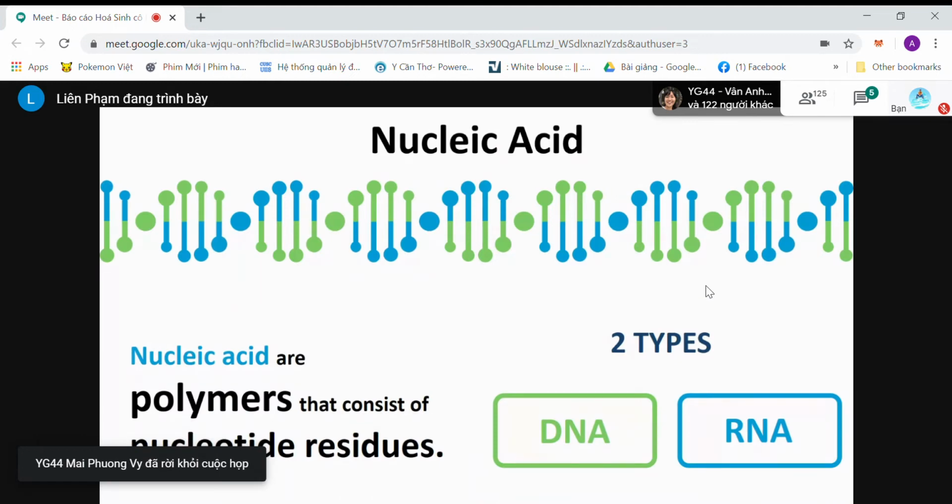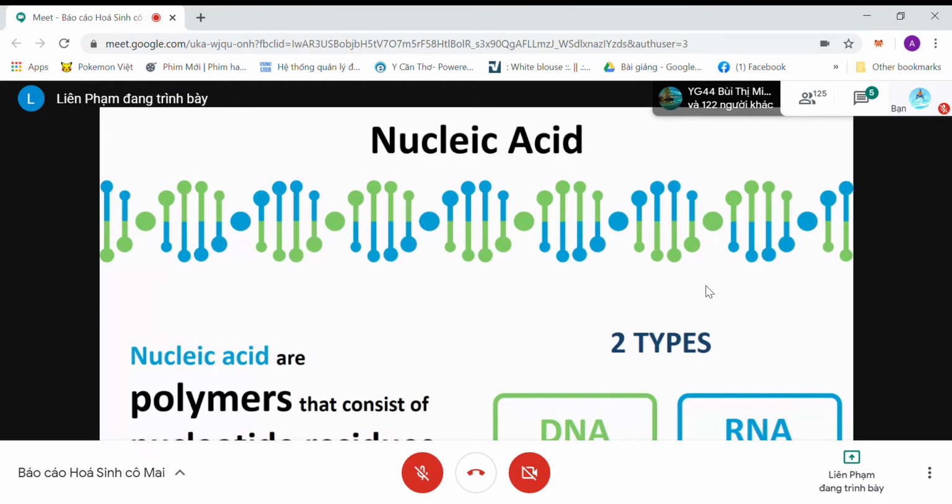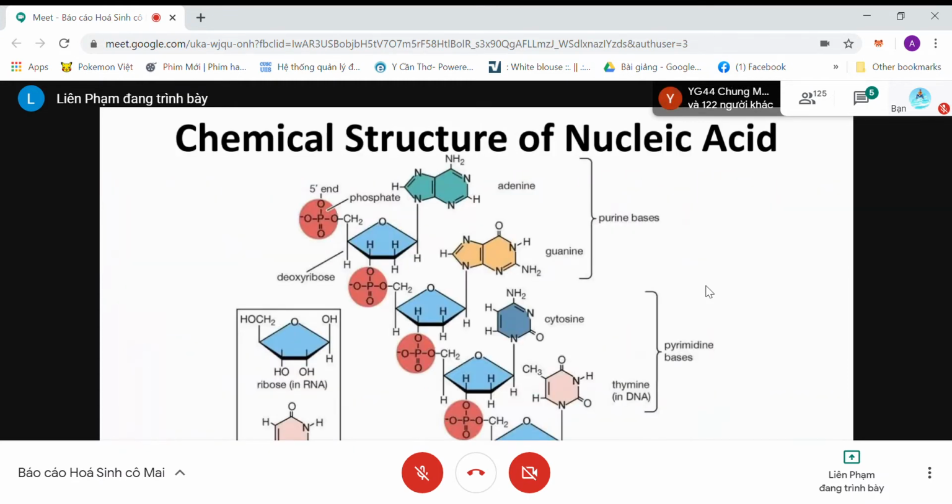Now, what is nucleic acid? Nucleic acids are polymers of individual nucleotide monomers. As you know, RNA and DNA are nucleic acids. Each nucleotide is composed of three parts. First, a phosphoric acid. Second, a nitrogenous base.